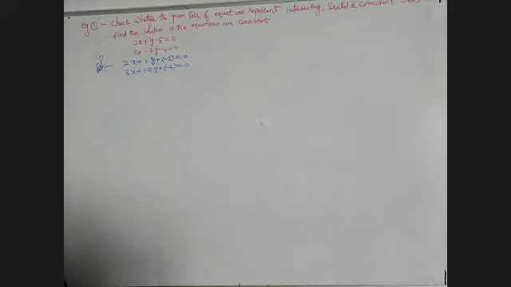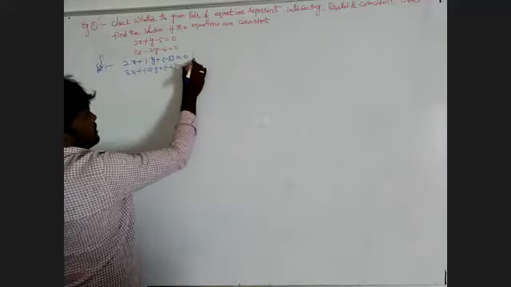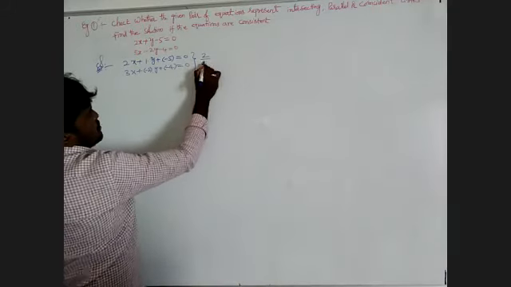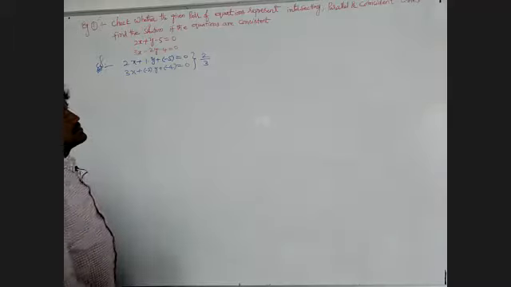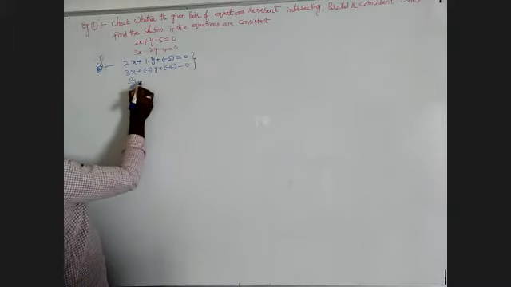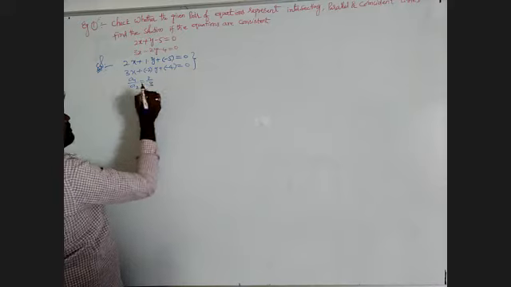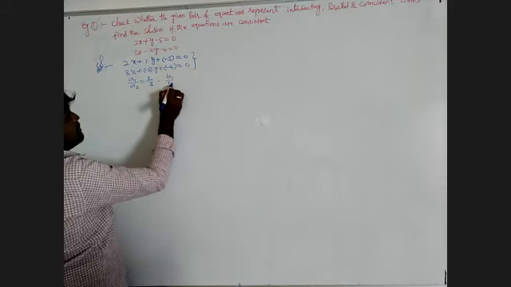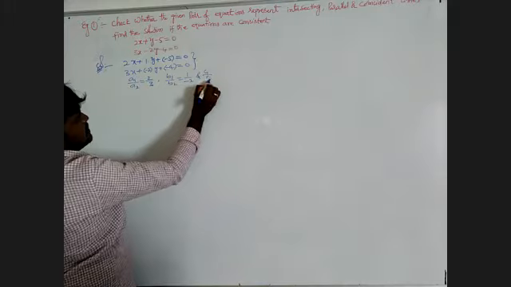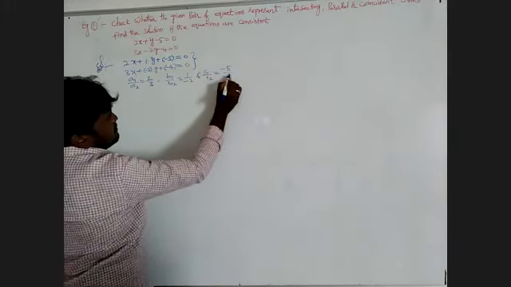Here we will observe. I will take the first condition, where we have to write all the values: a1 by a2 is 2 by 3, b1 by b2 is 1 by minus 2, and c1 by c2 is minus 5 by minus 4.